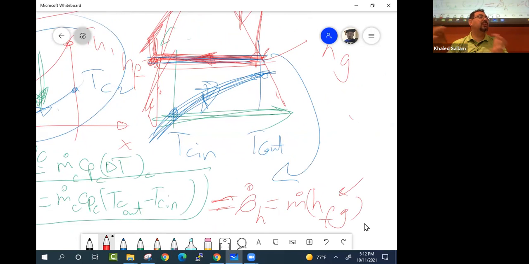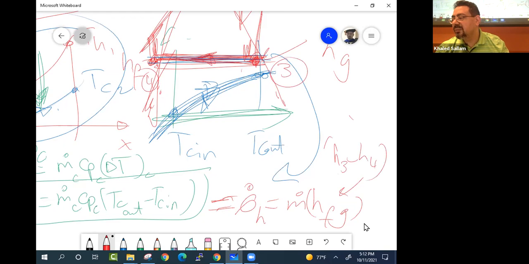He turned from steam to liquid. Whatever this h is, if he's saturated, then it's h_f, it's h_g. If he's a little bit wet, then it's like h whatever, 0.3 to h 2.4, say. So h3 minus h4. Okay? So we don't do m dot Cp delta T for the steam.